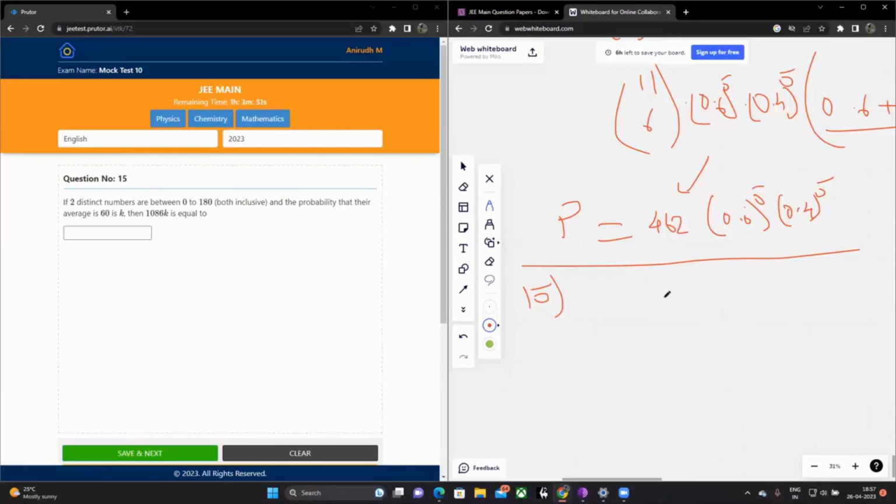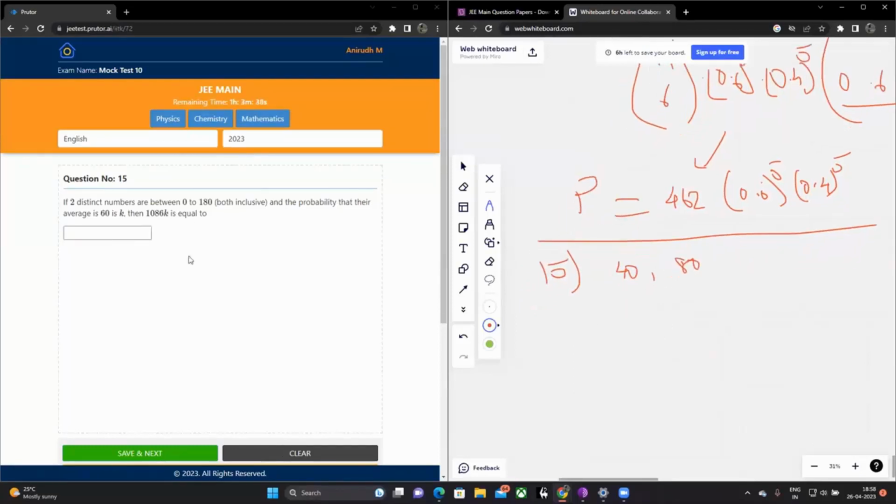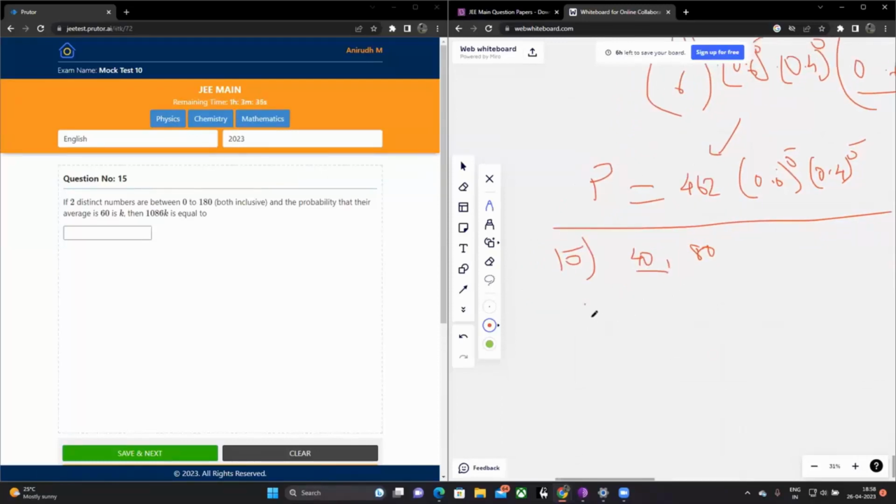So just choose one number that is less than 60, because that number has to occur in the pair, right? If you choose some number, say 40, then it has only one pair to get an average of 60, that is 80, right? What I'm basically doing is I'm choosing a k and I'm making a pair that is 60 minus k, 60 plus k.